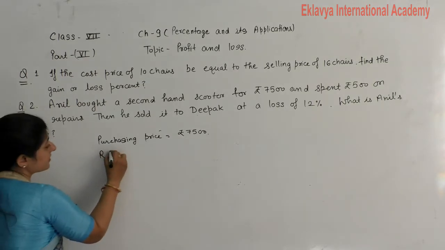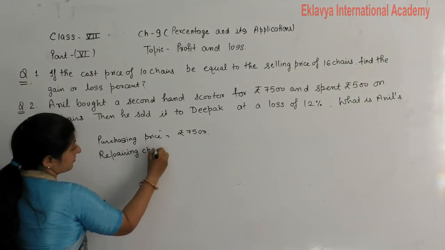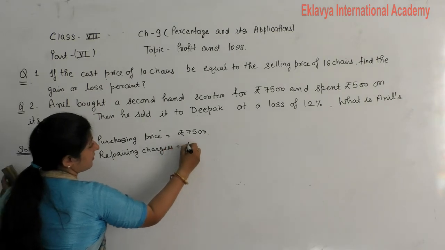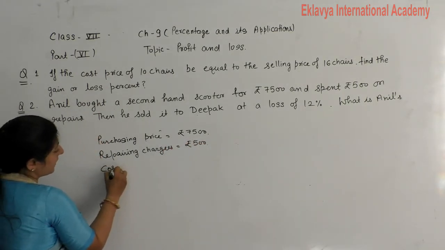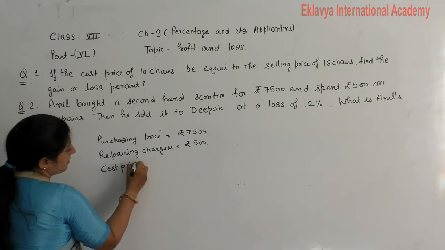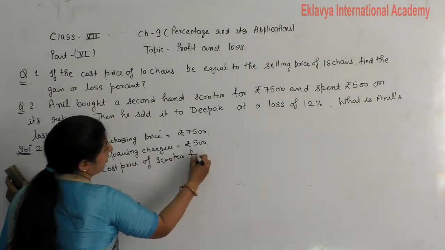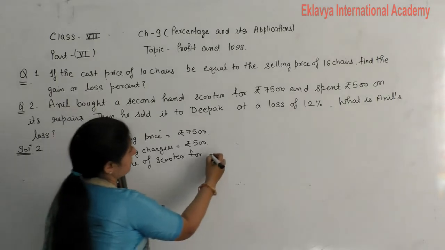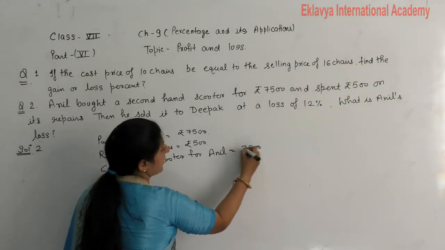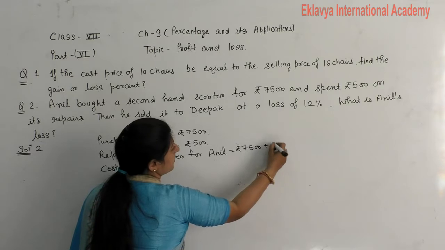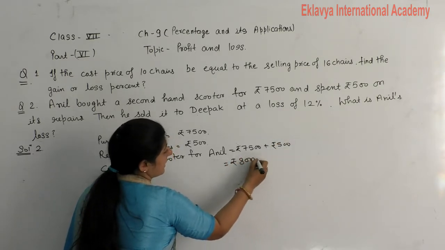Repairing charges is equal to rupees 500. Then cost price of the scooter for Anil is equal to 7,500 plus rupees 500, that is equal to rupees 8,000.